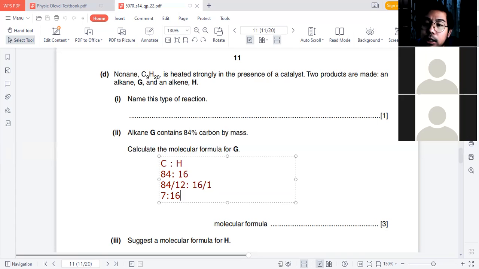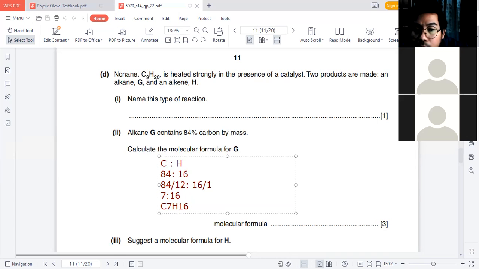Now, do I need to continue with dividing by the lowest mole? No, that is the empirical formula. We want the molecular formula. So for the molecular formula, you stop once you divide the number by the AR to find the mole. That's something you have to remember. So in this case, the molecular formula is C7H16.